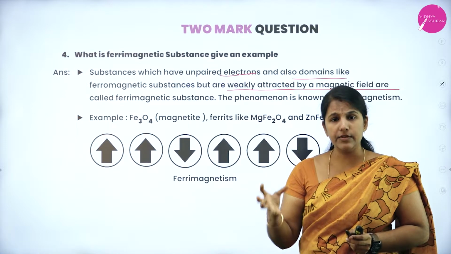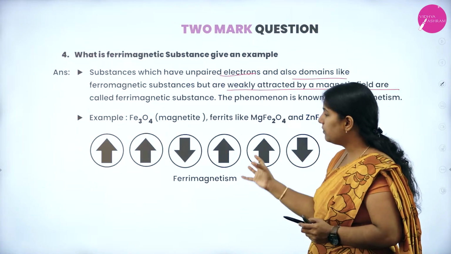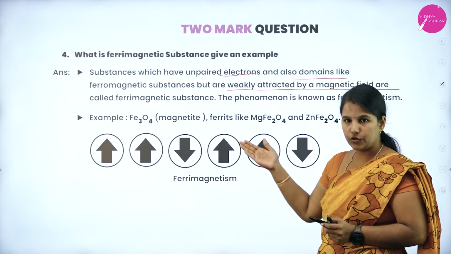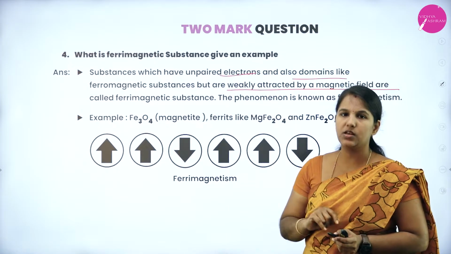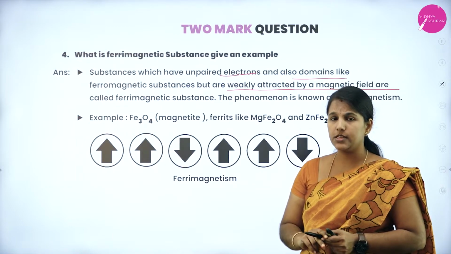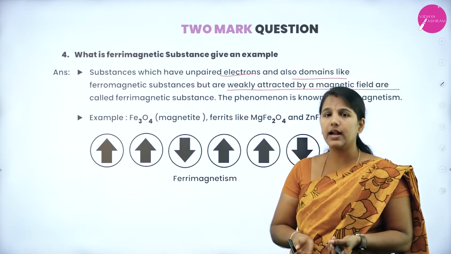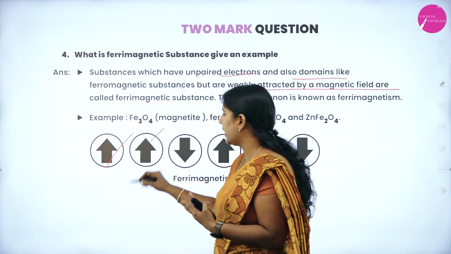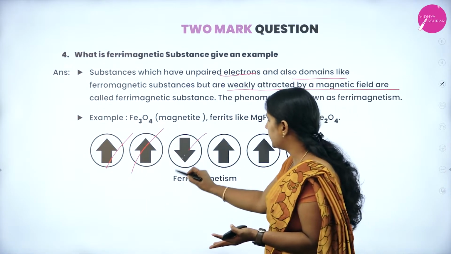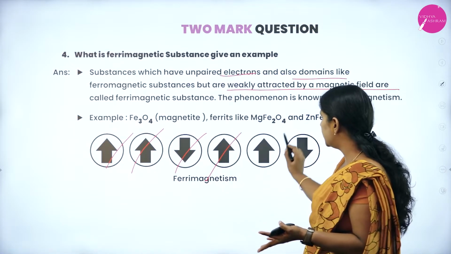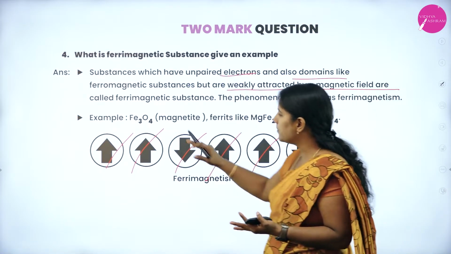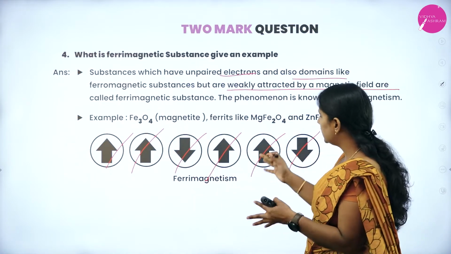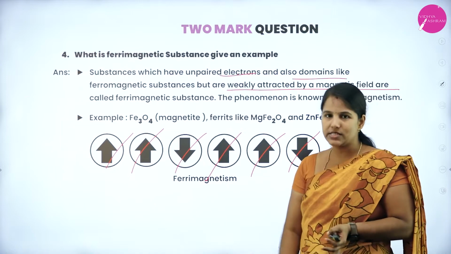But in ferrimagnetic substances, even though you have unpaired electrons in a domain structure, they are weakly attracted by the magnetic field. Why? Because these domains are present in opposite spins. You can see that they are present in opposite spins, and a few of them have only one alignment. If they are present with opposite alignment, they get cancelled out.